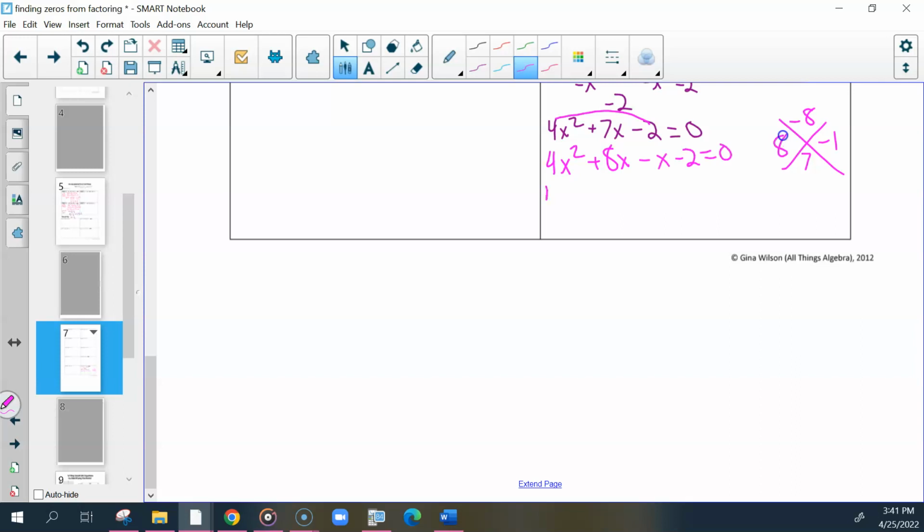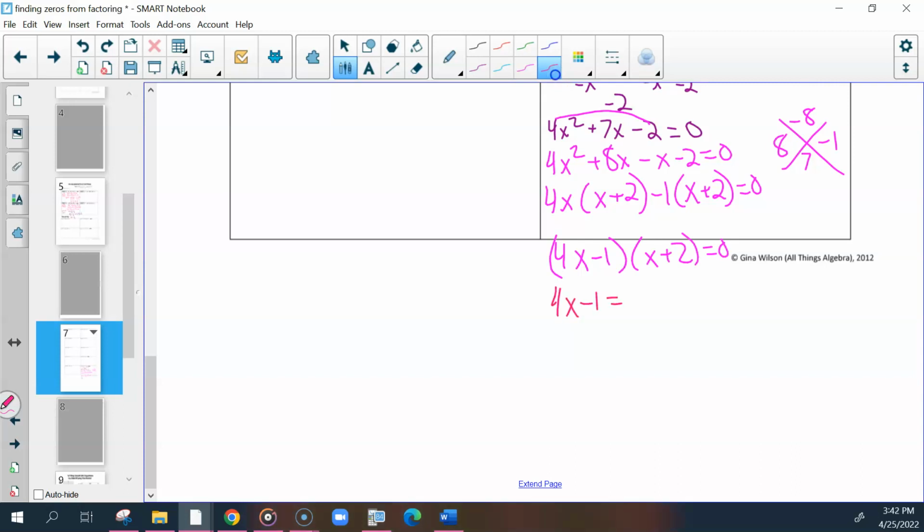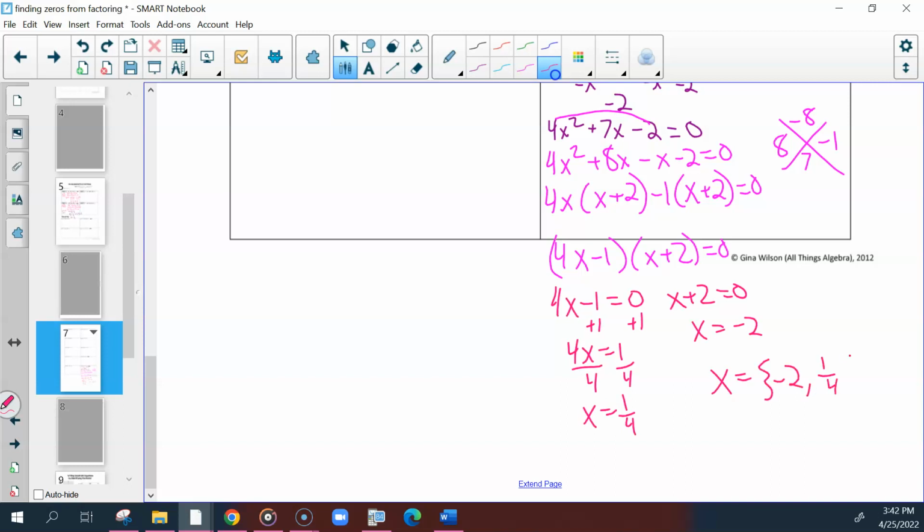And then GCF would be 4x, x plus 2, -1, x plus 2. Our factors would be 4x minus 1 and x plus 2. So then you could set both factors equal to 0. And the first one we would need to solve. So 1/4. And then the second one you could still solve, but it'll be -2. So our solutions would be -2 and 1/4.